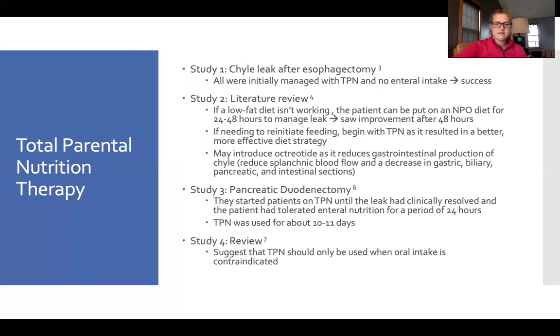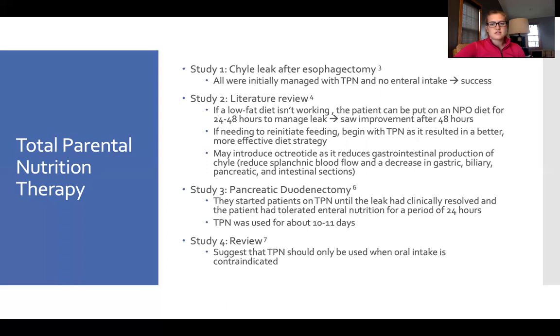And the last study, number 4, was just a literature review again, and it suggested that TPN should only be used when oral intake is contraindicated. So it's kind of going the opposite of what other studies have been saying. And I know with clinical nutrition, we want to avoid TPN as much as possible and start with an oral diet and then go to enteral nutrition.